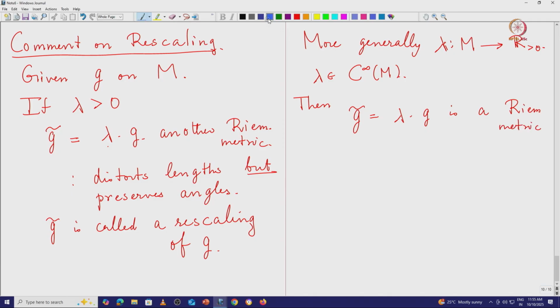In this case, if you are multiplying by a function instead of just a number, this is called a conformal rescaling. Again this distorts lengths but preserves angles.